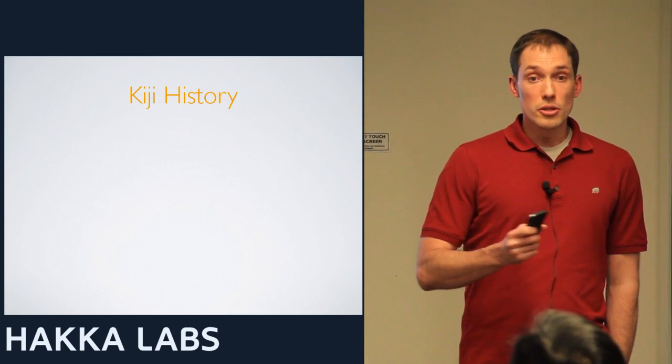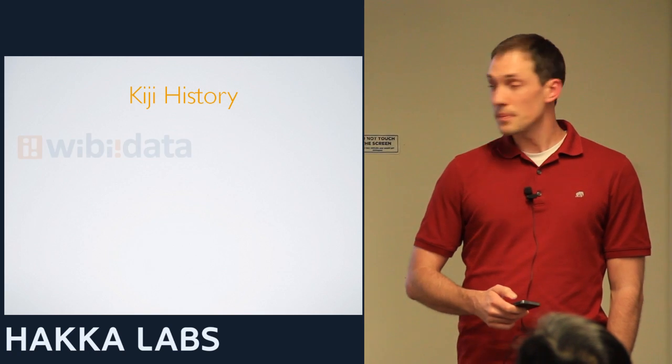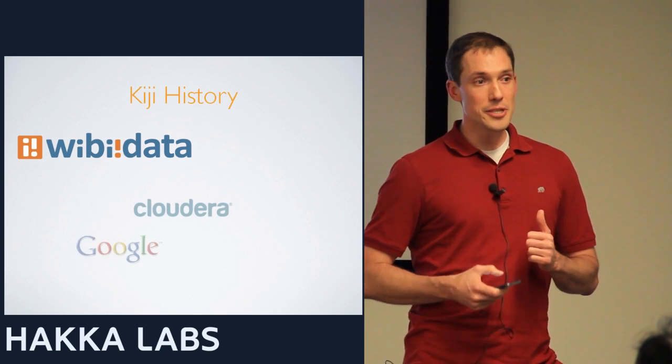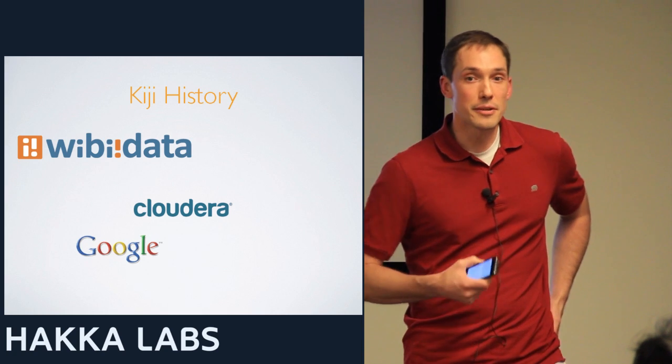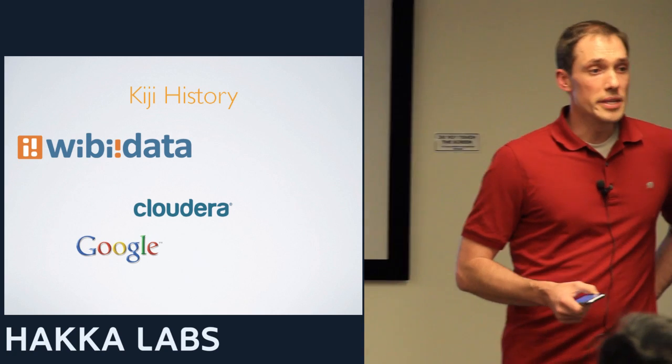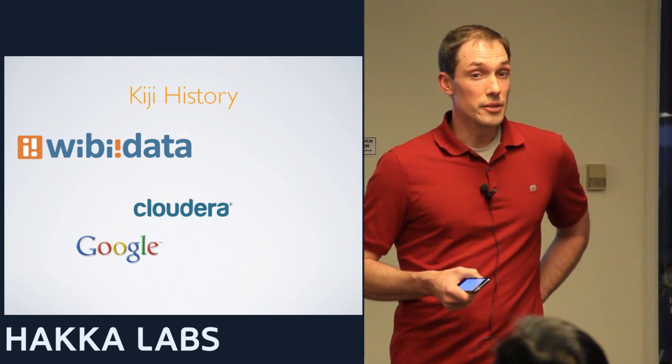First, a little historical note. We developed Kiji at WibiData. We're a startup company in San Francisco. That's where I work. We have 40 employees. Kiji was founded in 2010 by employees from Cloudera and Google.